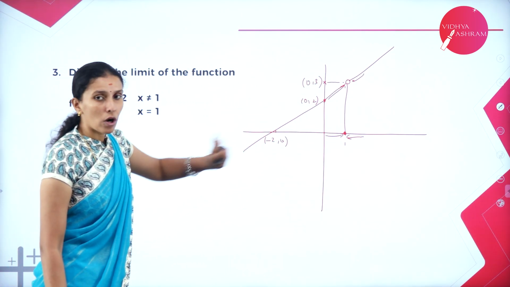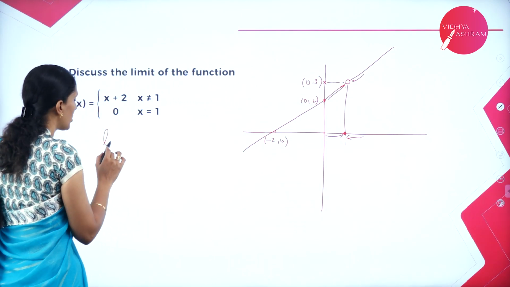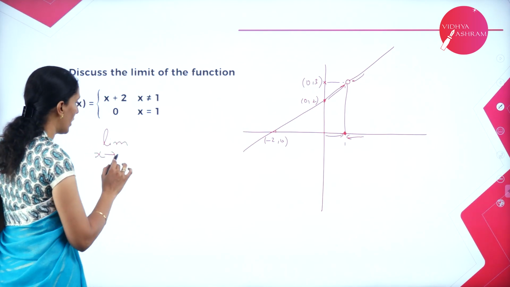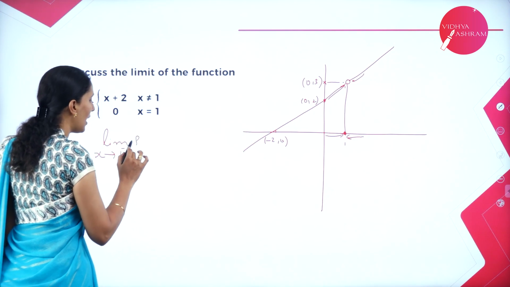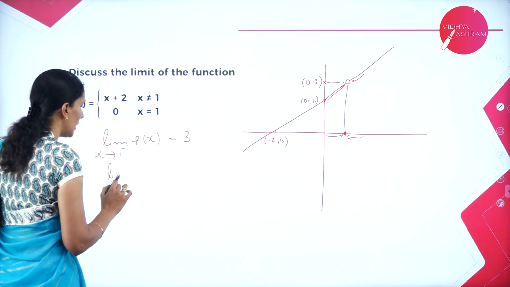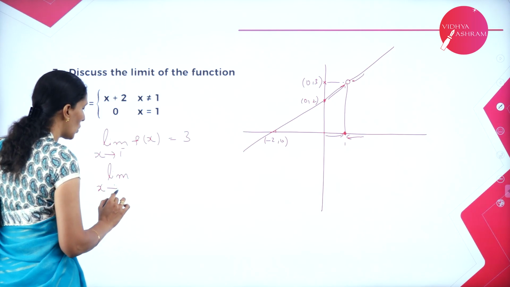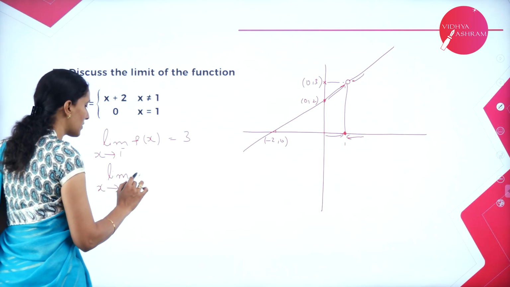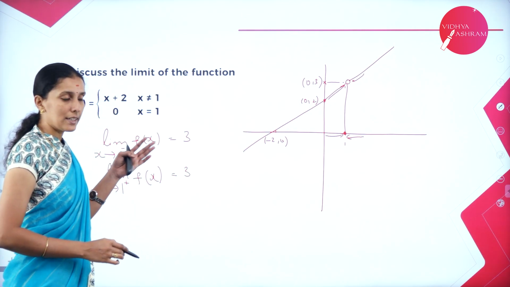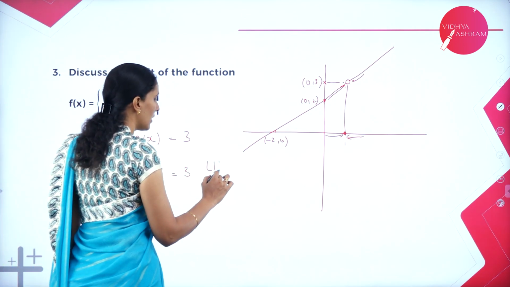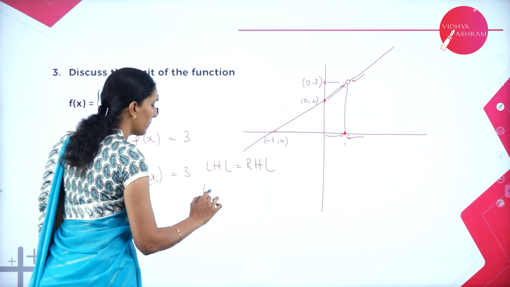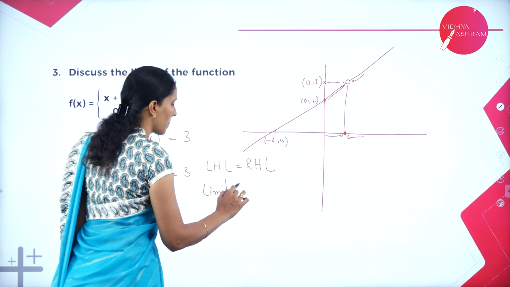So, clearly what we can write here, the limit as x goes to 1 from the left, the value of the function is equal to 3. And similarly, the limit as x goes to 1 from the right side, the value of the function is also equal to 3. So, that is my LHL is equal to RHL. So, what I'll conclude, limit exists.